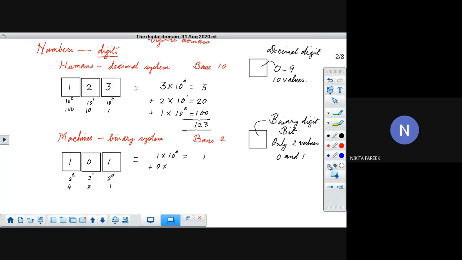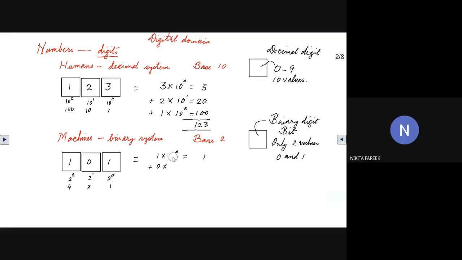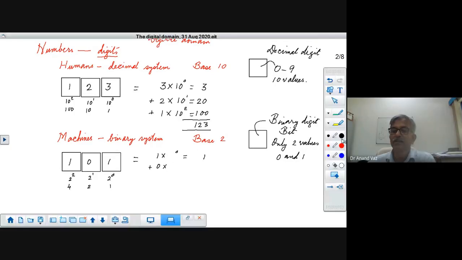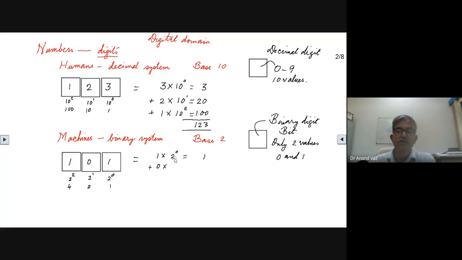Otherwise, you would have corrected it; this would be 2 raised to 0. Thank you very much. Somebody is paying attention at least. Good. So this will be 2 raised to 0, this will be 2 raised to 1, and this will be 0 into 2, that is 0, and plus 1 into 2 raised to 2.